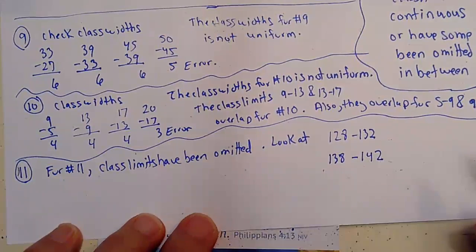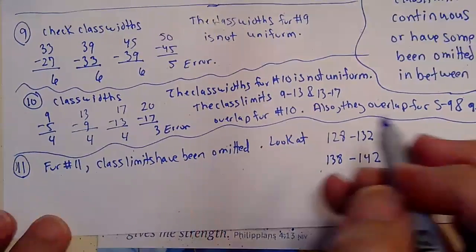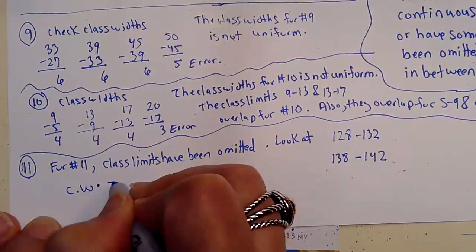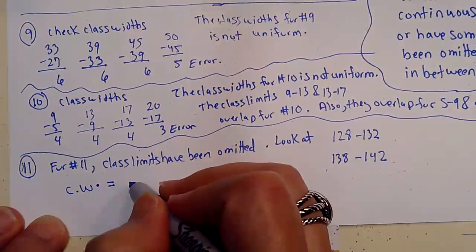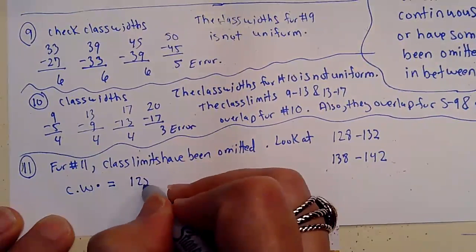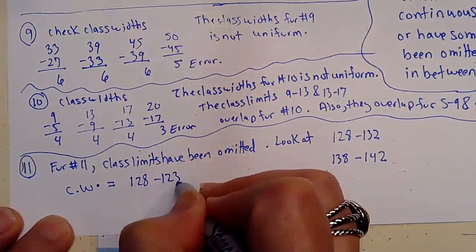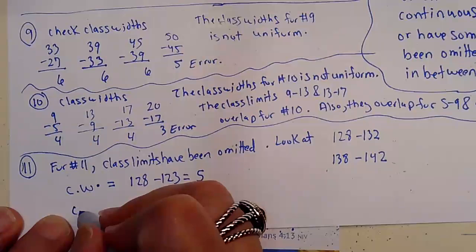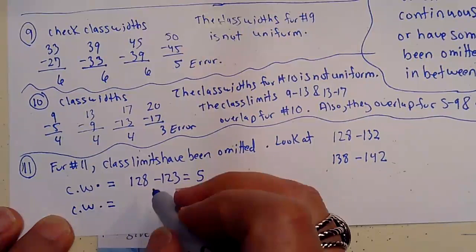See that? So if I look at the class width for 11, if I do 128 minus 123, which is 5, it looks like the class width is 5.